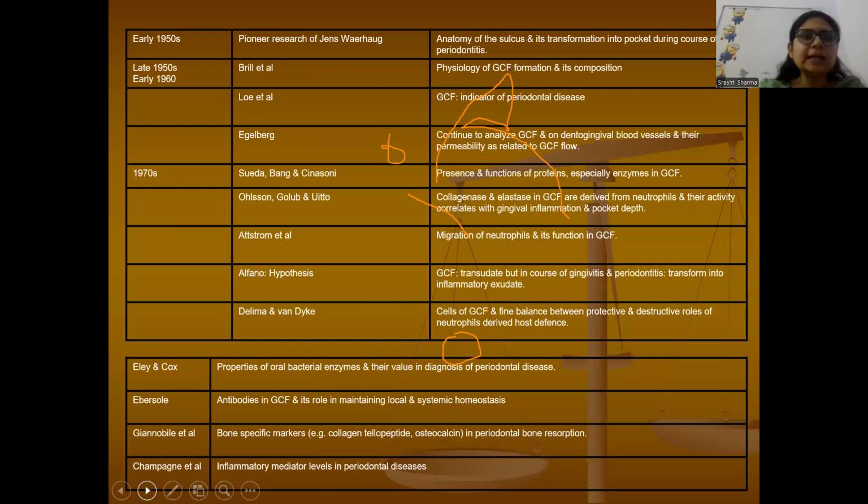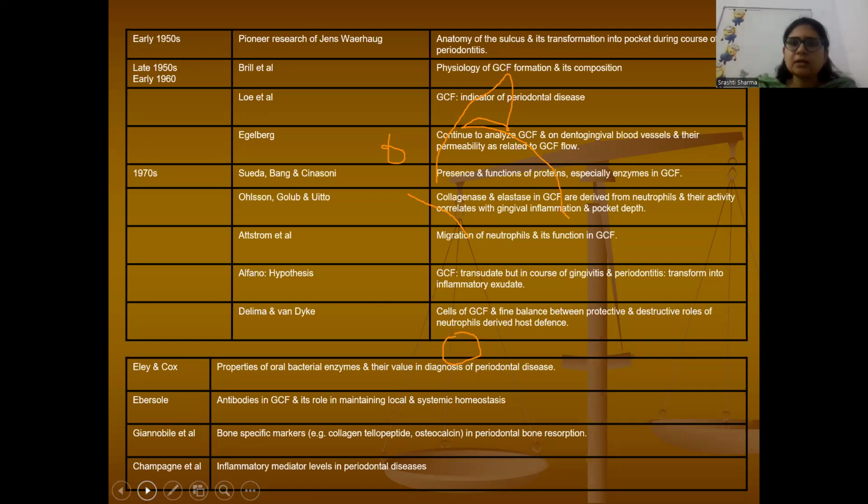So, in the early 1950s, the research of Waerhaug was based on the anatomy of the sulcus and its transformation into a pocket during the course of periodontitis. In the late 1950s or early 1960s, Brill et al. did research which was based on the physiology of GCF formation and its composition.